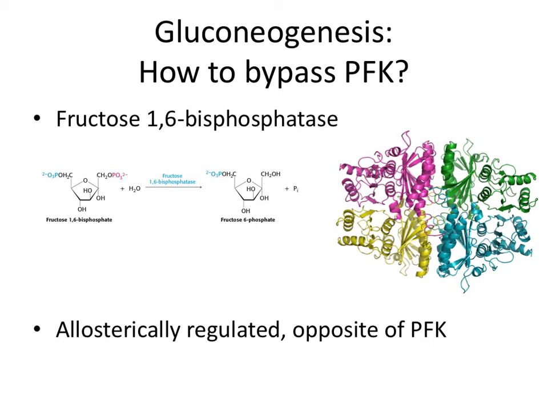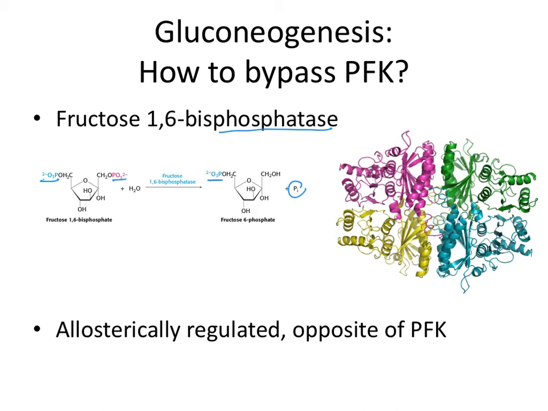Instead, we'll use fructose 1,6-bisphosphatase. So phosphatase is the opposite of a kinase. We're starting with 2 phosphate groups on fructose and removing one with the help of bisphosphatase. So here's our removed phosphate group.